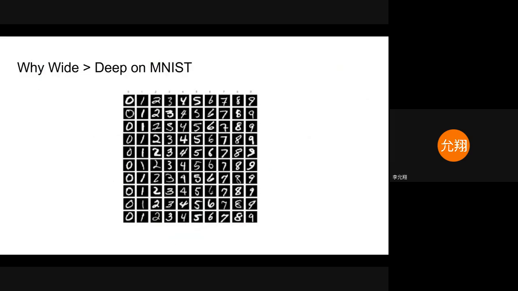Okay, so here are some of my questions. According to my knowledge, deep networks are generally considered more powerful than wide networks, but our results have shown that wide networks perform better on MNIST under fixed neuron budgets. So I think one possible explanation is that MNIST is a relatively simple dataset.